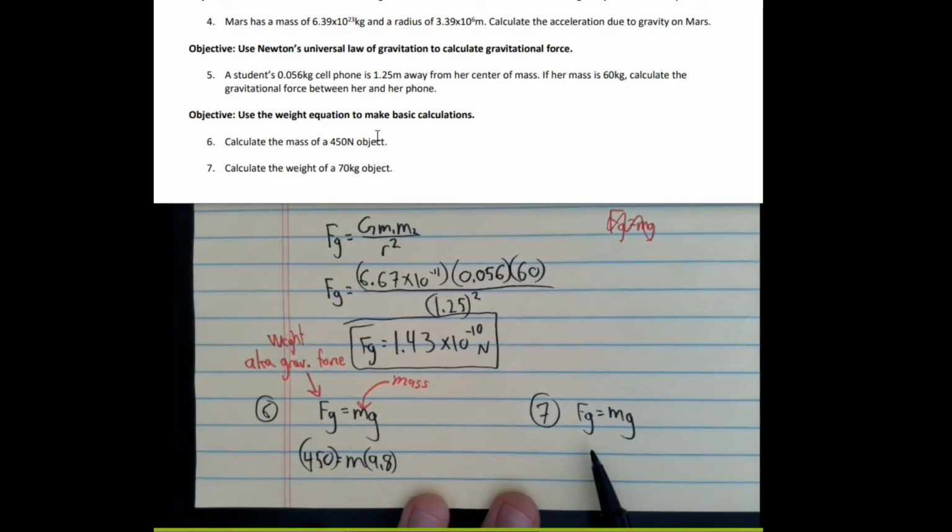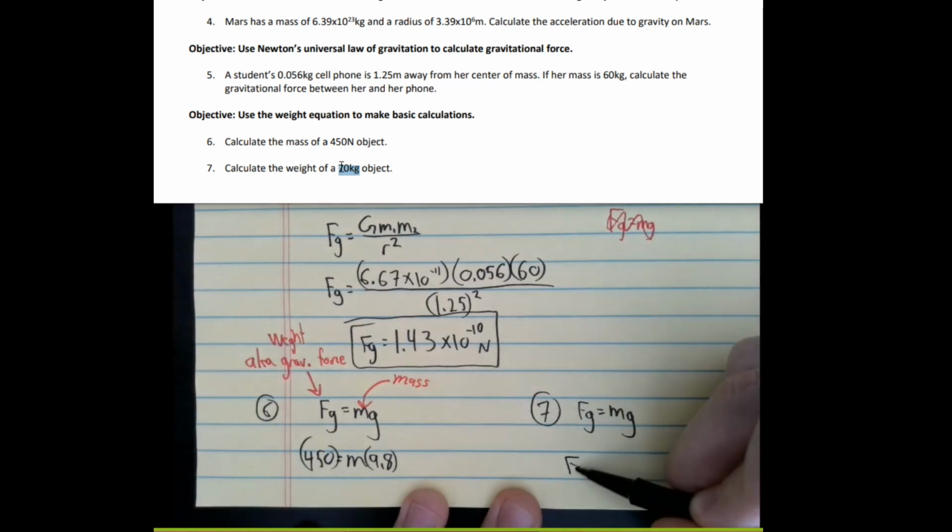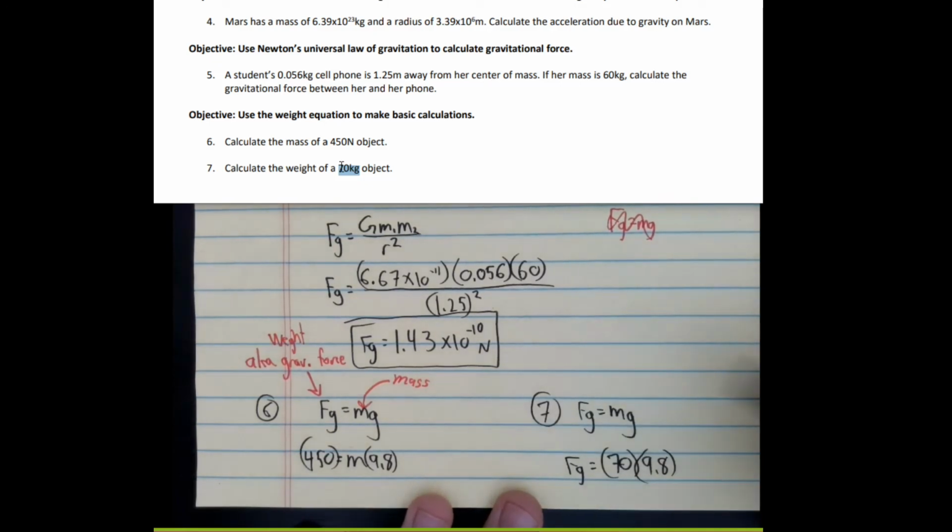This one is the opposite on number 7. They say calculate weight given this mass. So Fg is 70 times 9.8.